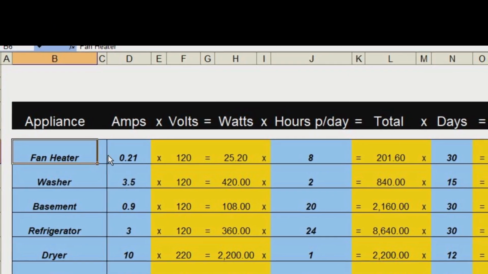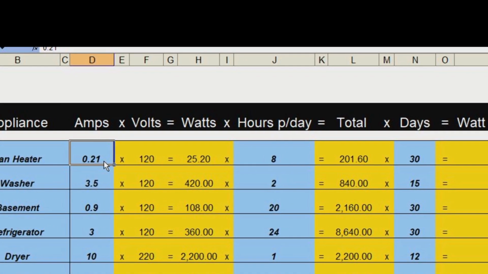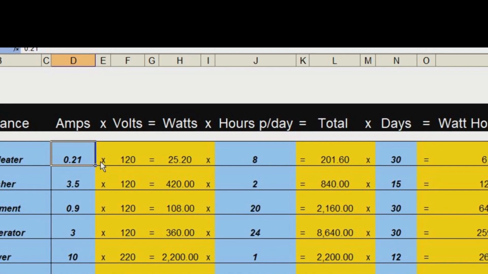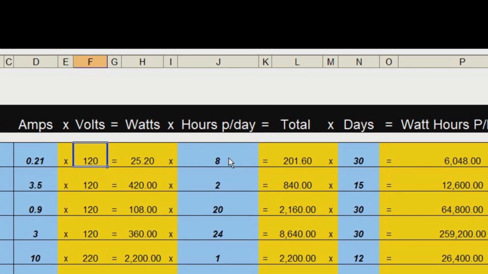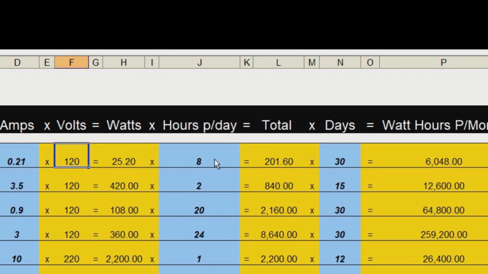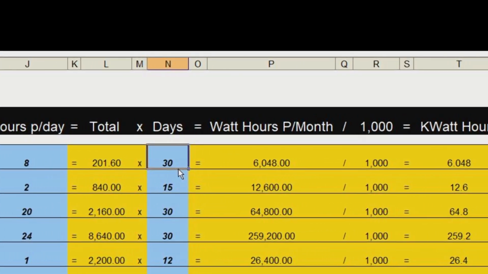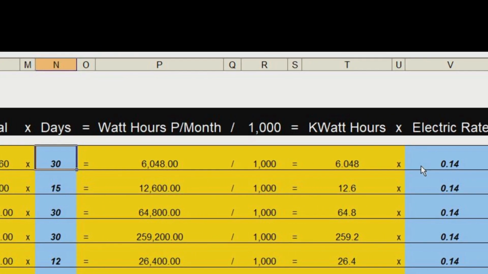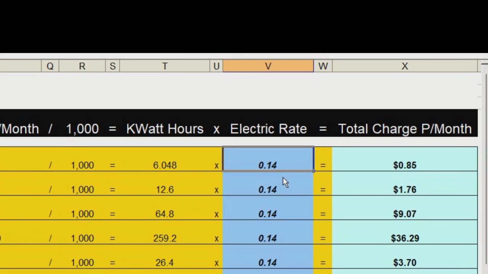Here I have the fan heater, and we're going to start with the lowest setting, which is 0.21 amps. We're going to use 120 volts, and we're going to say that we use it for approximately 8 hours a day, calculated over 30 days. As I mentioned before, I know what I pay for electricity per kilowatt hour, so I'm putting in 14 cents.